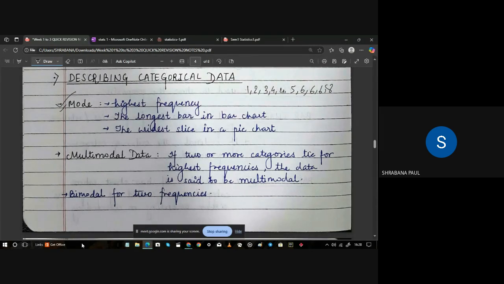Why? Because the number of occurrences of 6 is greater than any other number. Exactly. 6 is appearing here 3 times, whereas 4 is appearing 2 times. So the data which has the highest frequency is depicted through the mode: the longest bar in a bar chart and the widest slice in a pie chart. Okay, you should keep that in mind.